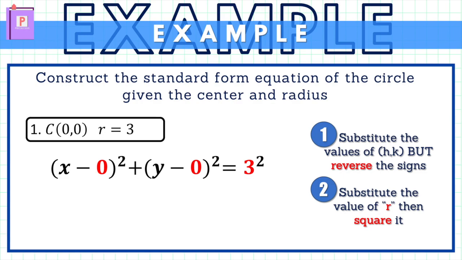Now the next thing to do is to simplify this equation to get the standard form of the equation of the following center and radius. So therefore we have x squared plus y squared is equal to 9. So this is definitely the standard form of the equation with the following center and radius.